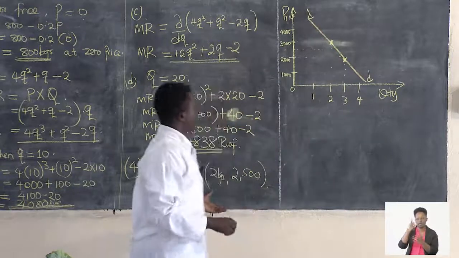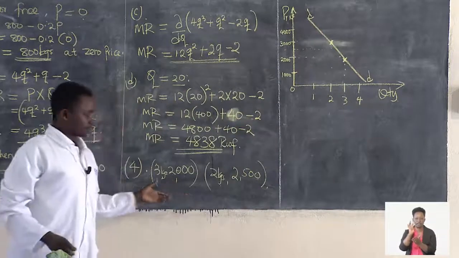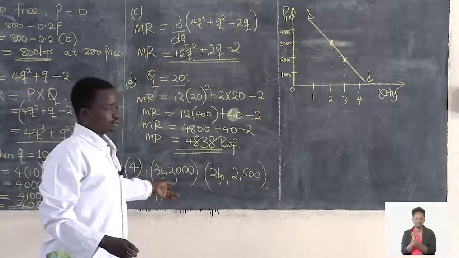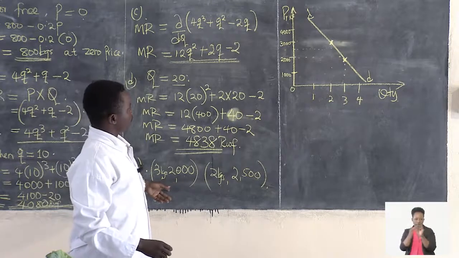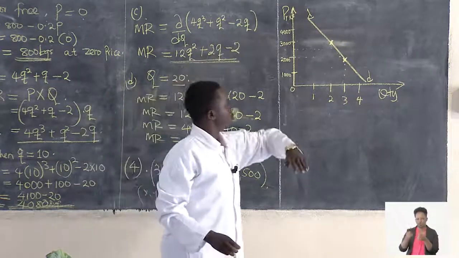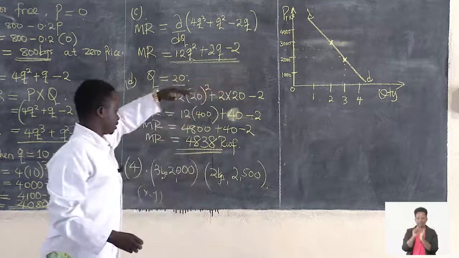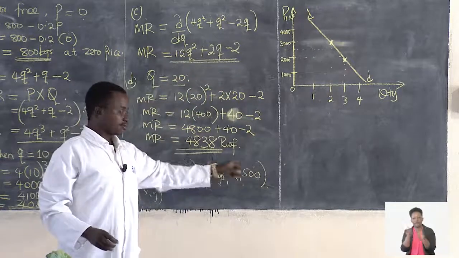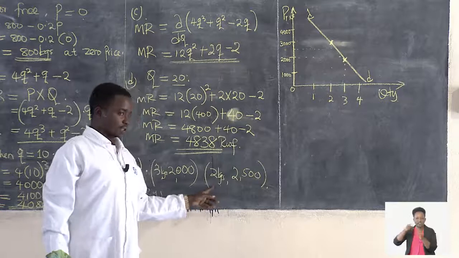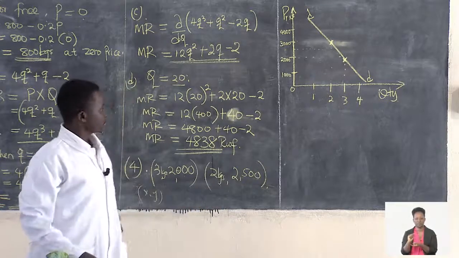We have presented our information on the graph. You can see this is a negative slope. It obeys the law of demand, because as the price increased, quantity demanded reduced.